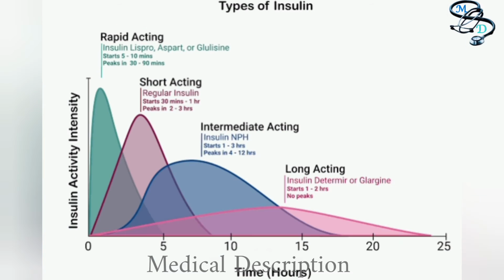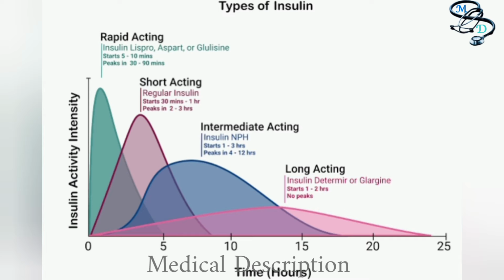So we get the activity profiles of different types of insulin: lispro, aspart, glulisine, regular, NPH insulin, detemir, and insulin glargine, plotted according to time on one side of a graph and according to glucose infusion rate, milligram per kg per minute.